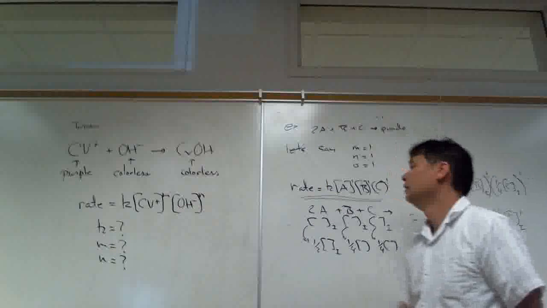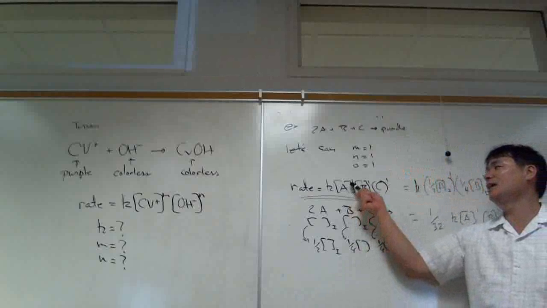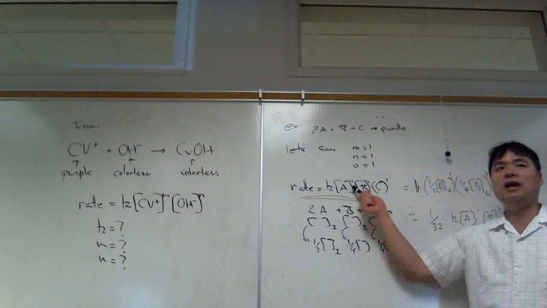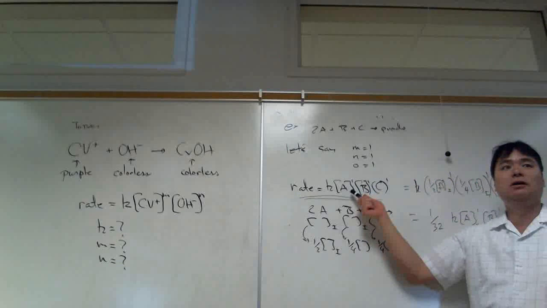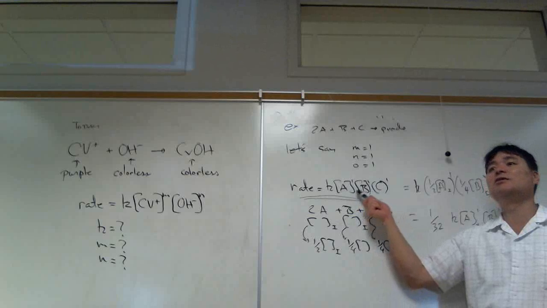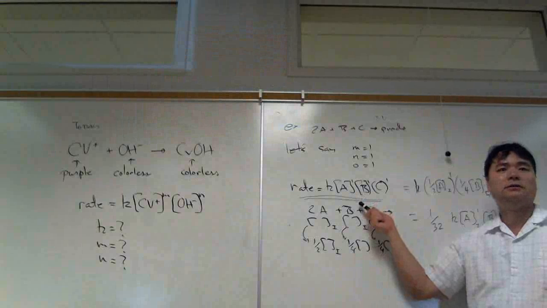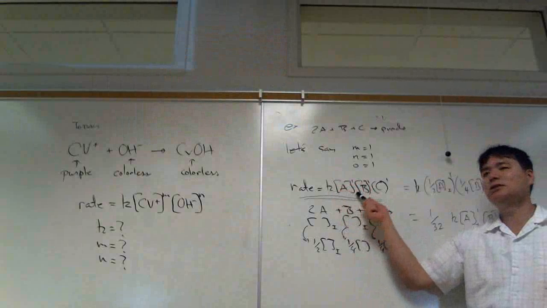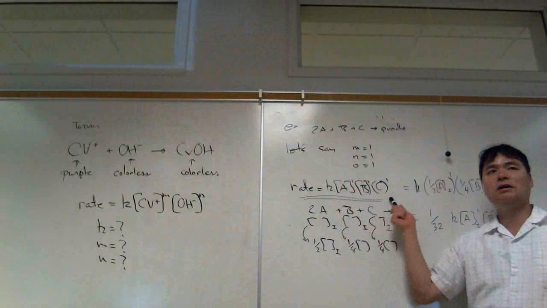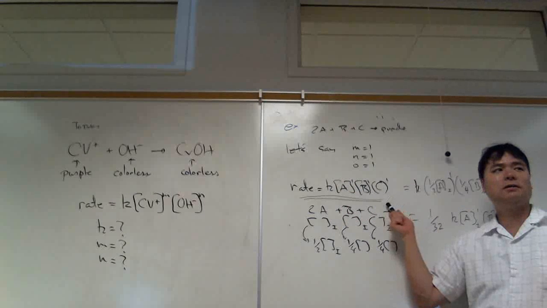But even though we know it's first order in A, we can't use the ln of A at time t over A at time 0 is equal to minus kt. We can't use that. Why? Because it's not first order overall here. Is that clear?